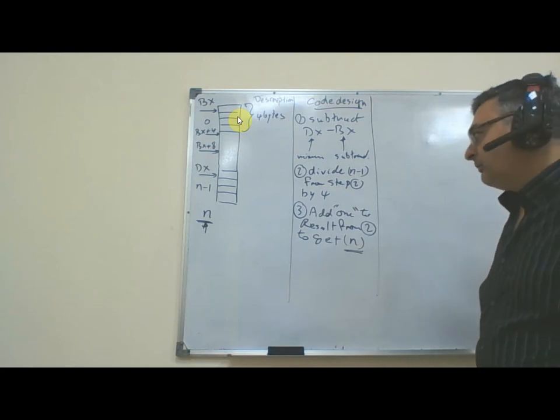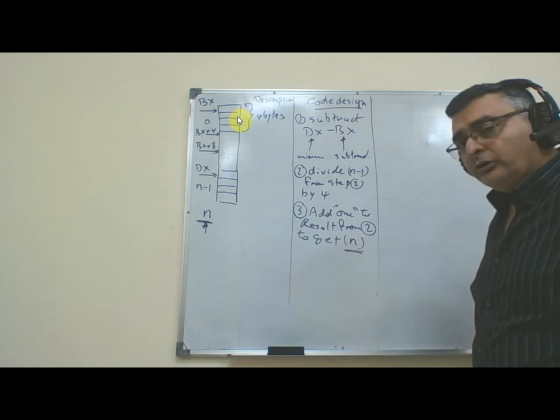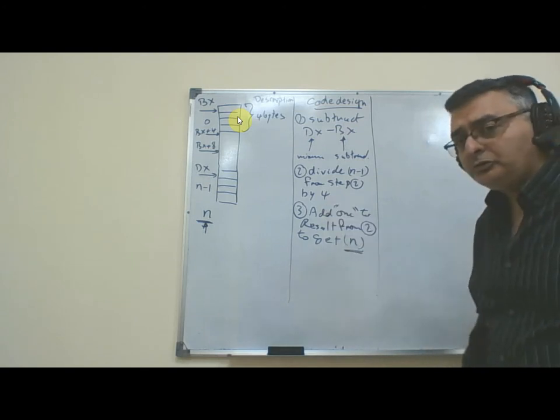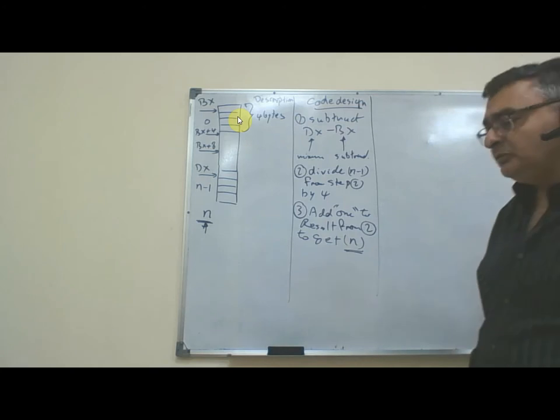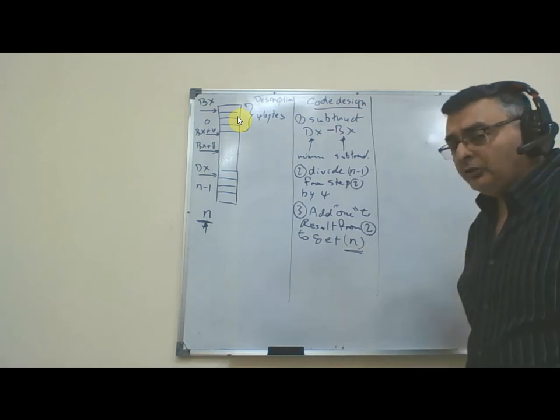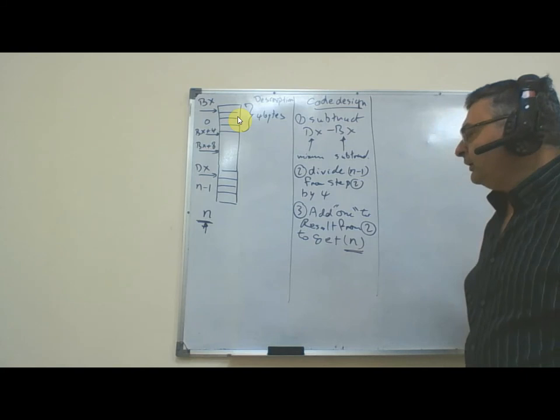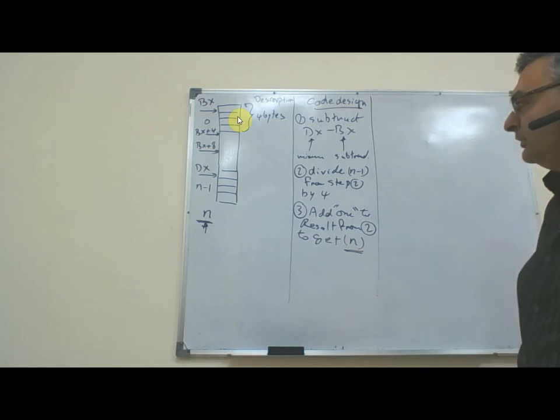Or, since it's division by powers of 2, I can use the shift instruction for the division. Okay? Agree?